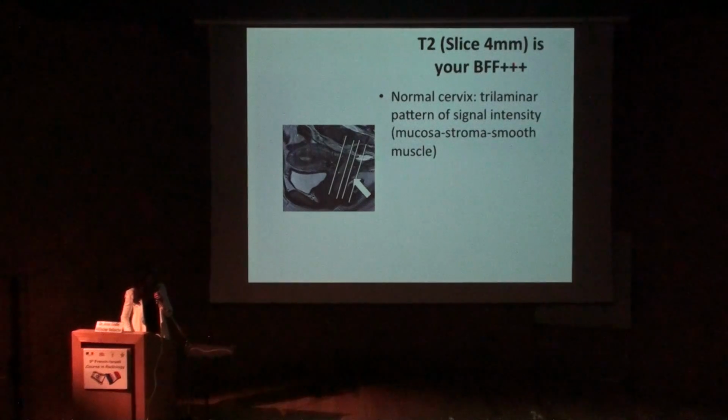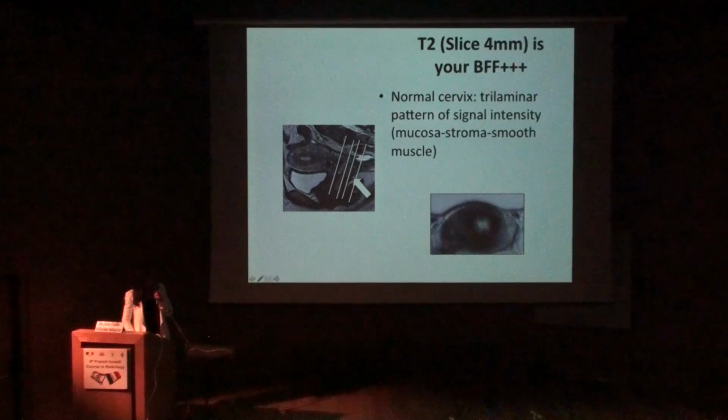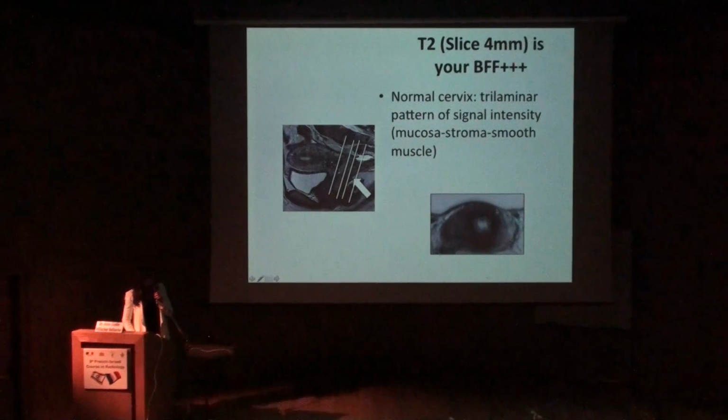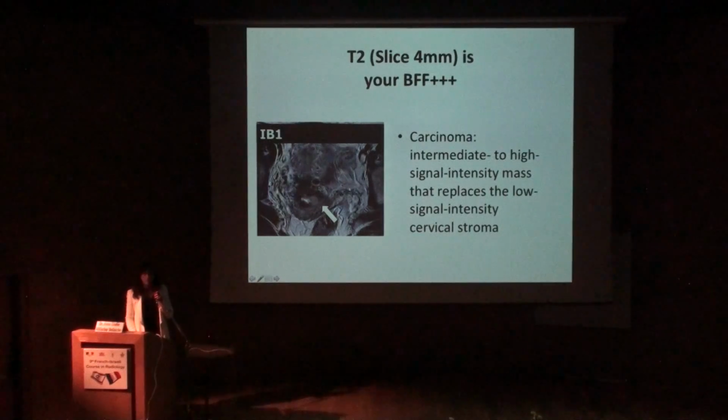So here you have the normal pattern of a cervix, which is differentiated into 3 layers: the mucosa, the stroma, and the smooth muscle, in a pattern like a ring. And when you have the lesion, which appears in intermediate signal, you have to keep in mind to see the limits of this ring.